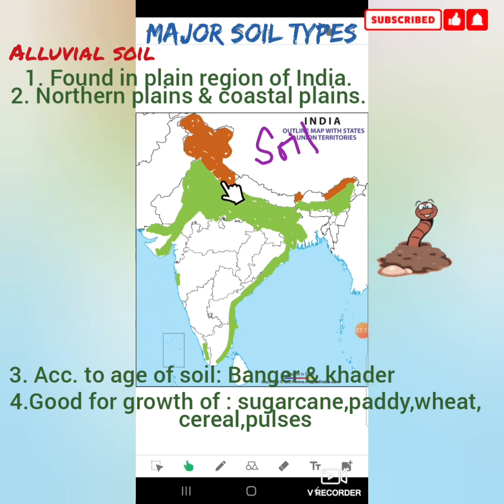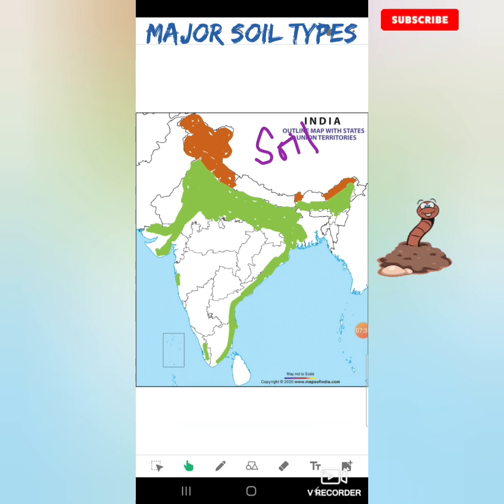So this particular area where I have given the green color is very good for the growth of these crops. So it is also helping in your agriculture chapter. You can find sugarcane, paddy, wheat, cereals, that is the rice, and pulses well grown in this alluvial soil. Okay. So now the next soil as per the physical division, if you see.